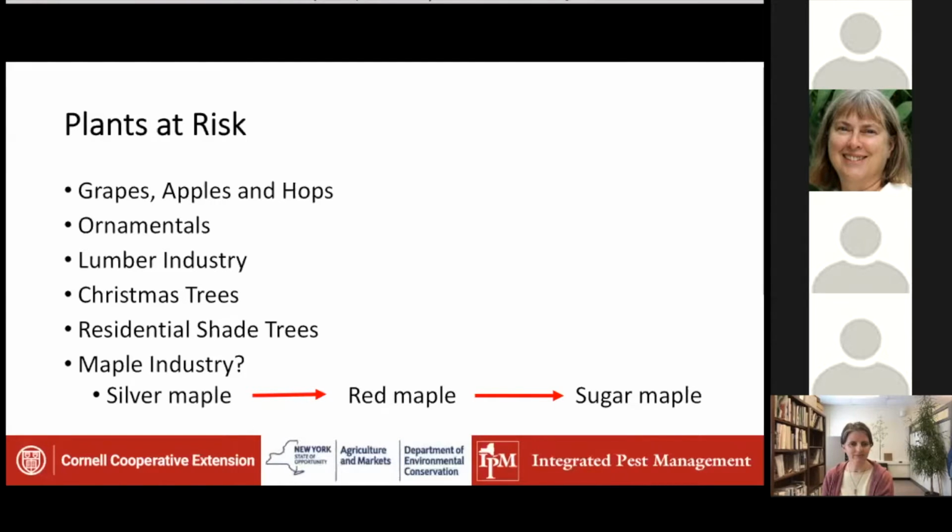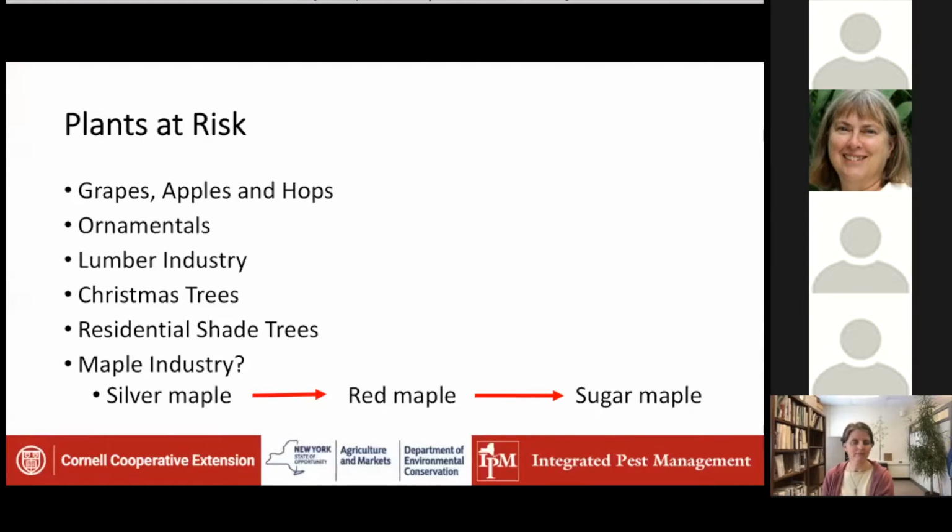Seeing what has happened in some parts of Pennsylvania, we know that grapes are fed upon, and this could really impact grapes in New York as well. Apples and hops seem to be hosts that we're concerned about. Just about all ornamental trees, landscape trees, can be fed upon.